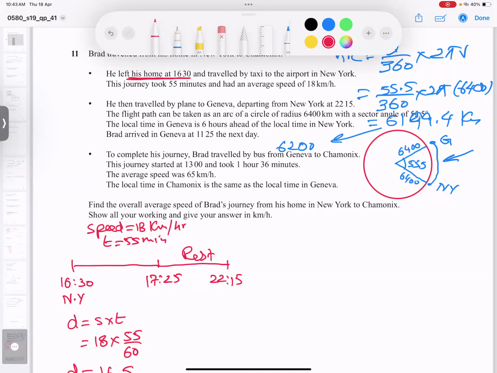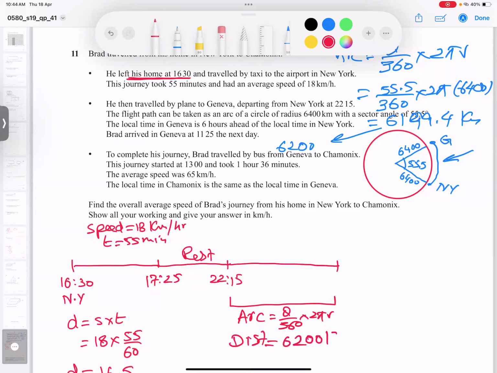I found this by the arc length formula, theta by 360 into 2 pi r. The distance traveled from New York airport to Geneva airport is 6200 kilometers. This is the Geneva airport, and this is the New York airport. Now, how much time did it take?